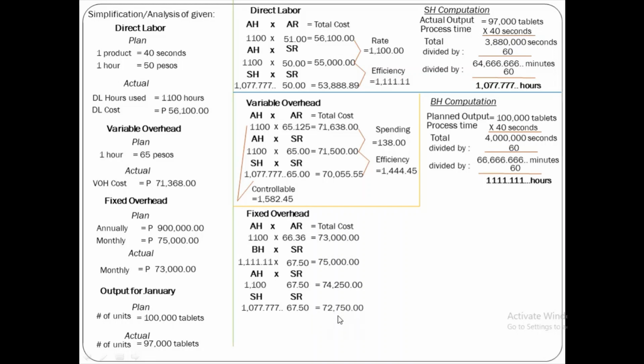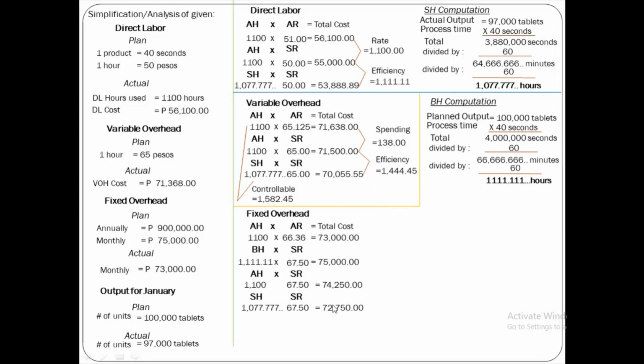We have 72,750. That's why I told you there are two general formulas being used in these video lectures. For the variables, I'm using the AAS: direct materials, direct labor, and variable overhead. But on the fixed overhead, I'm already using the ABAS. So there are two general formulas, AAS and ABAS, except for mix and yield.